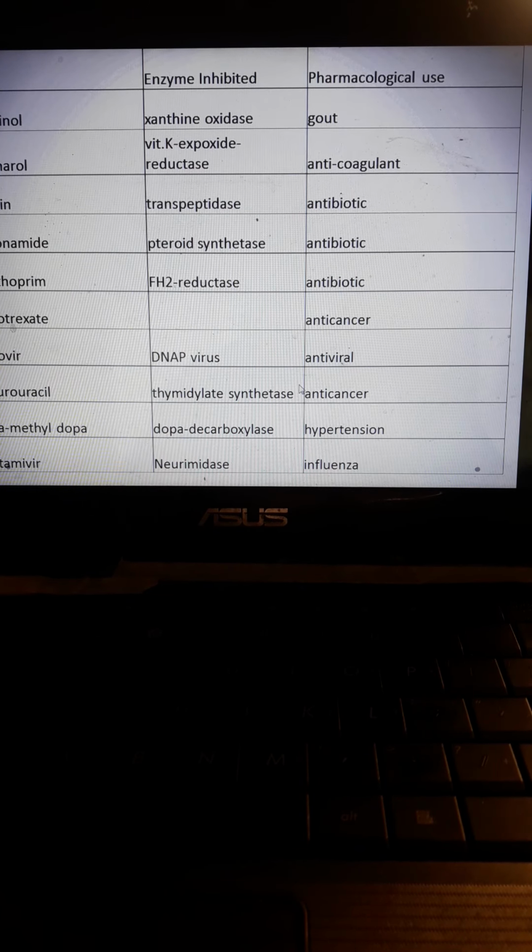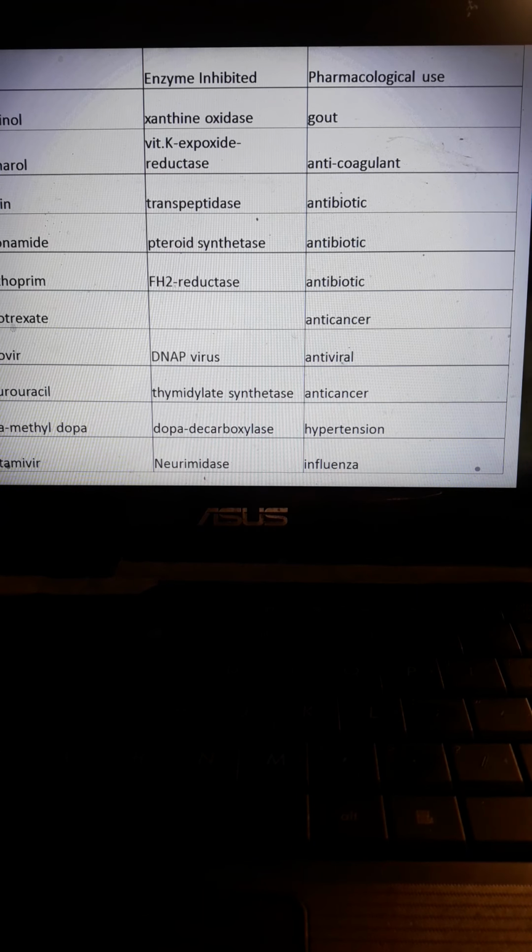What are the important medical or pharmacological uses of enzymes?